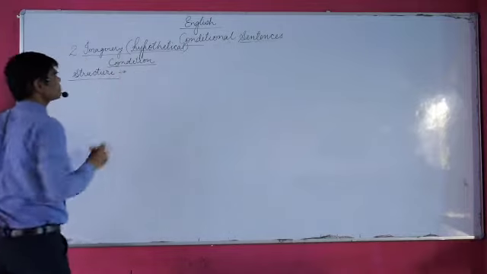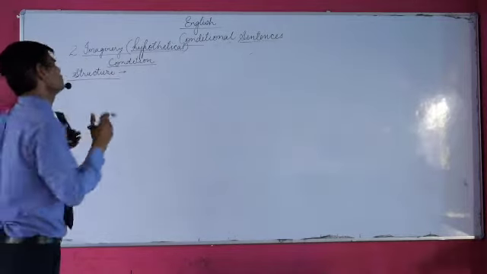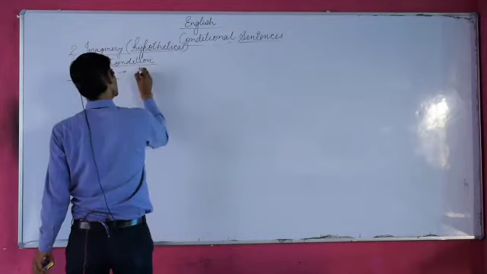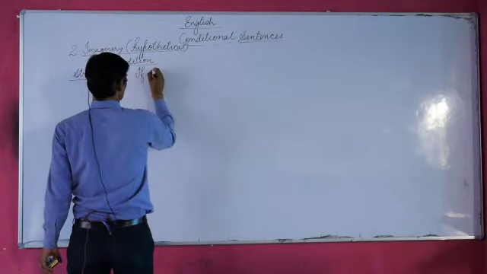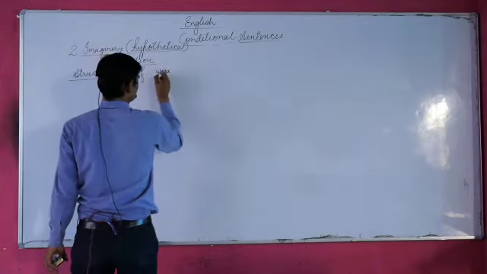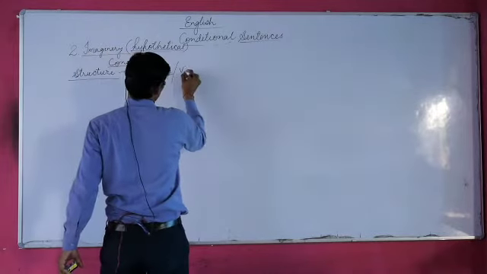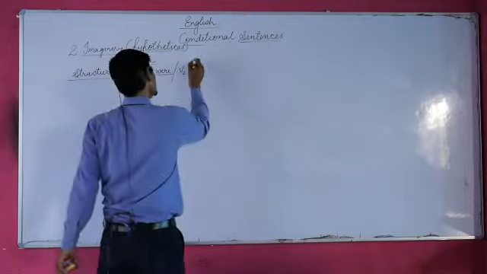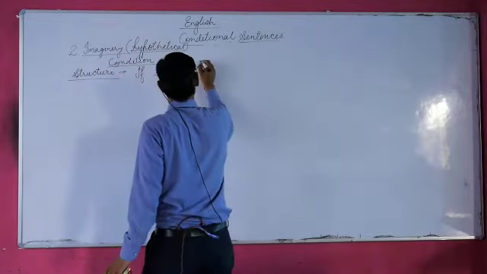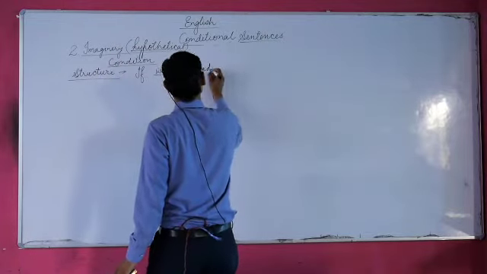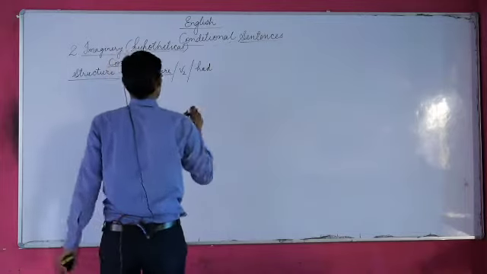So in such conditions, we have if, or were. No matter, sometimes we have second form of verb also. Sometimes we have had also. Understand what I'm telling you.